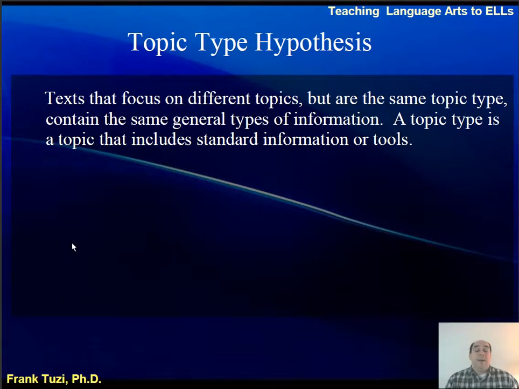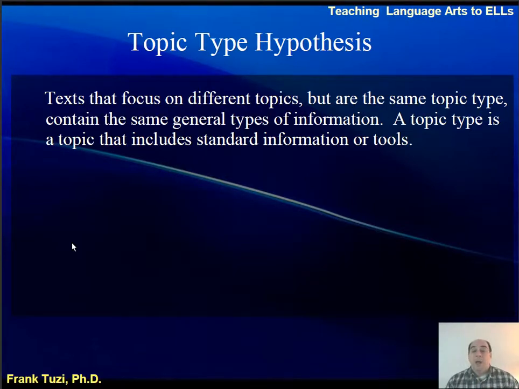A topic type uses a text that focuses on a different type of topic or style of writing. But the style is the same. It contains the same type of general information. So, for example, again, if you're dealing with a how-to, you're going to have maybe a summary at the beginning. You're going to have a list of materials that you'll need, procedures that you want to go through, and that's the way the writing is set up.